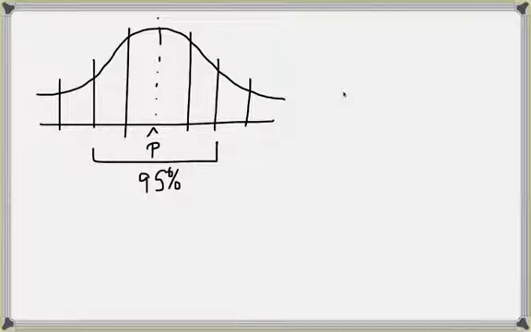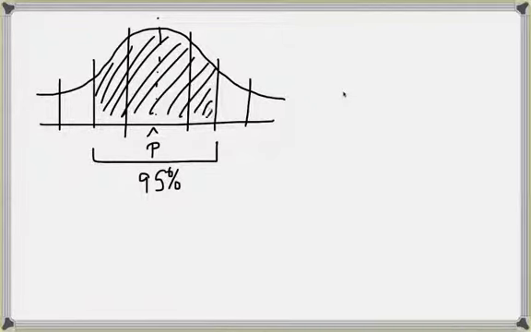Okay, so to get 95% of our data within this curve, this area right here is what represents 95% of our data. So we are 95% confident that the true value of p falls somewhere in this region. Now, to actually come up with that area, we have to do a lower limit and an upper limit.